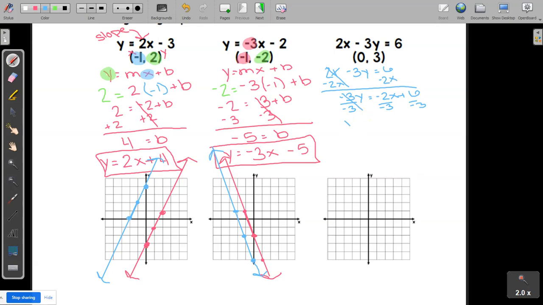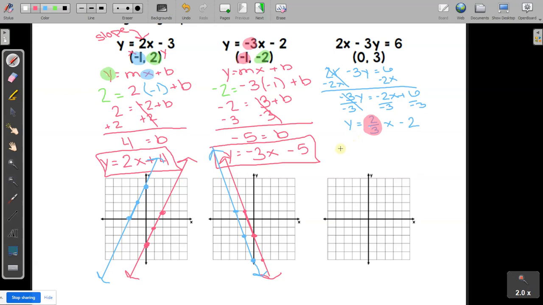So we have the equation y equals negative 2 over negative 3, which gives us a positive 2/3 x, and then positive 6 divided by negative 3 gives us a negative 2. So here, our slope is negative 2/3.